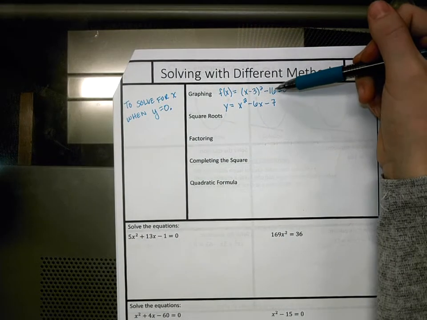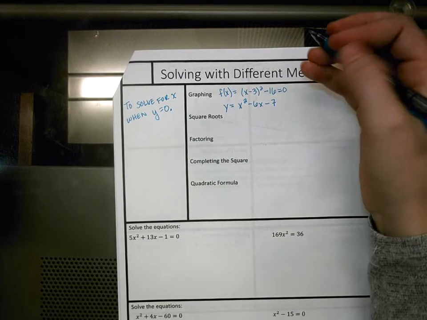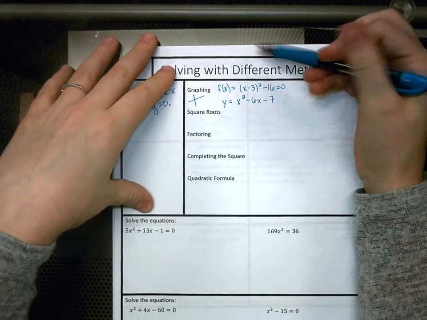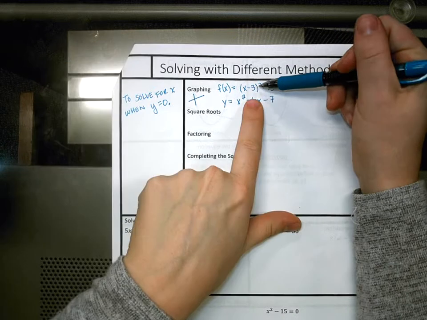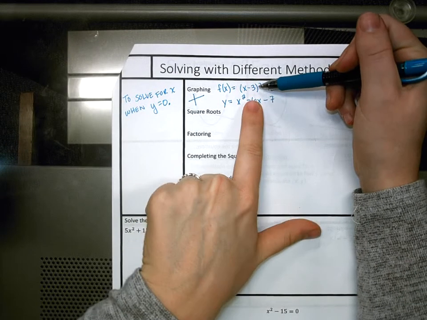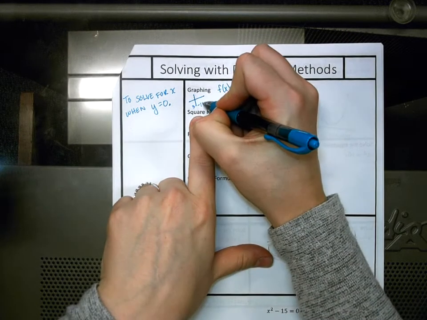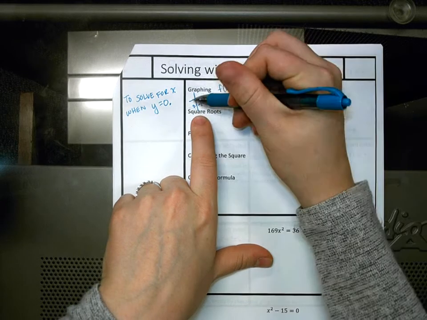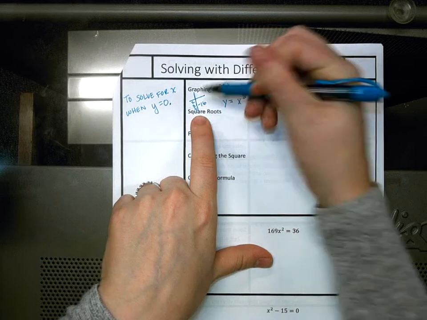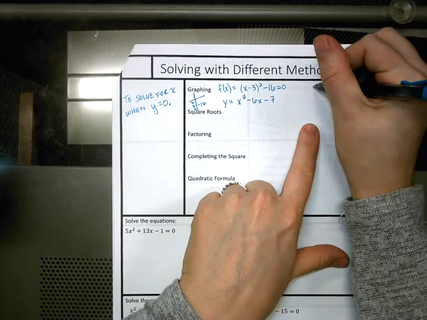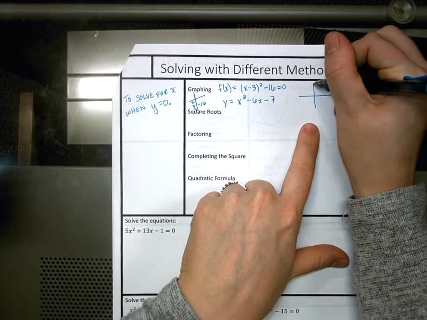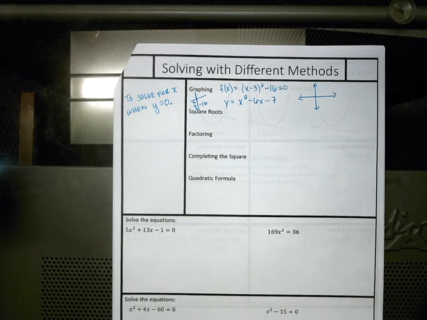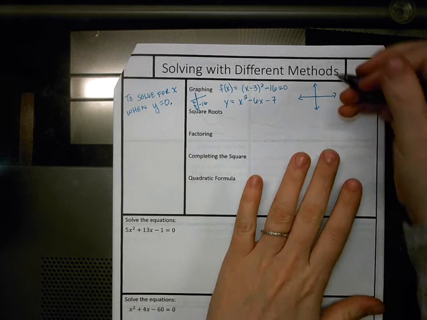You can do it by doing a table of values. I know that the vertex, in this case, for this first equation, is (3, negative 16). So you can just start plugging in values on either side of 3, like 2 and 4, and continue in either direction to plot the entire graph until this function crosses the x-axis.